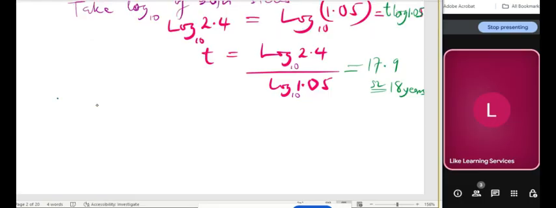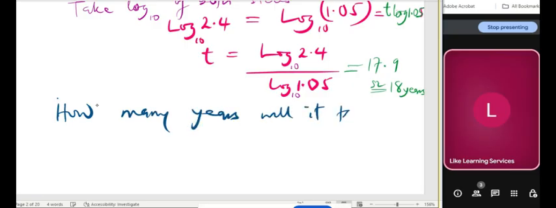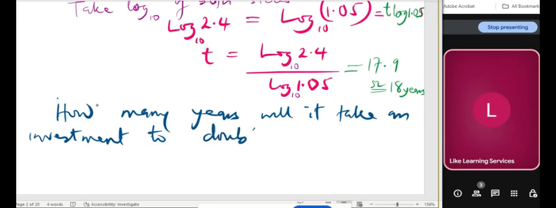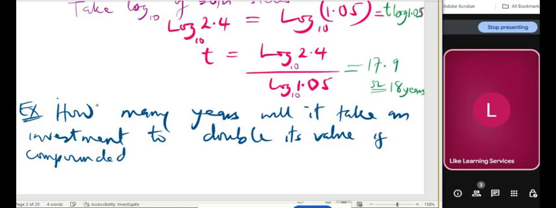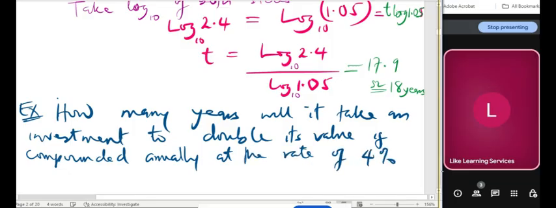Something like this: how many years will it take an investment to double, that's another example, double its value if compounded annually at the rate of 4%, you know.